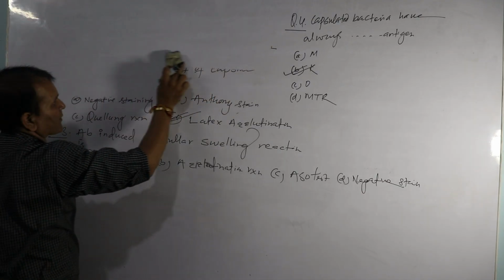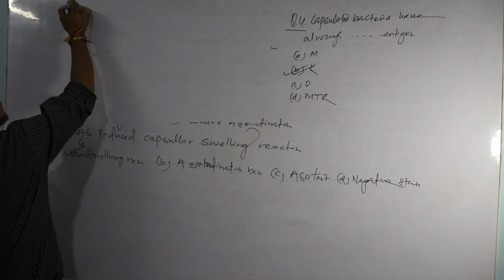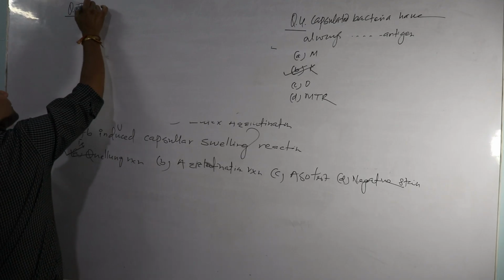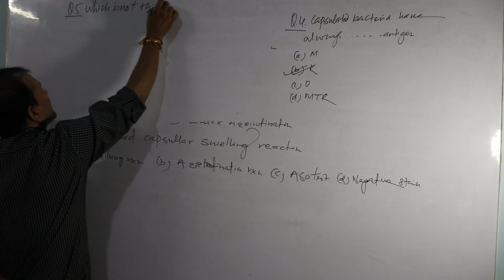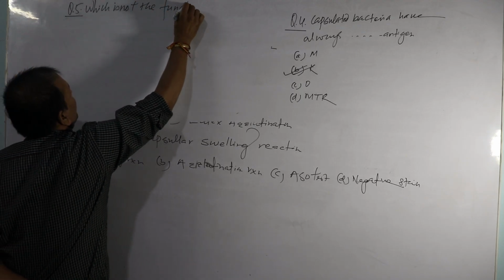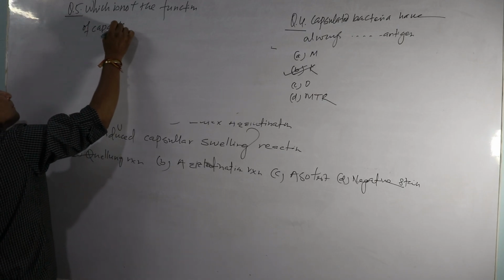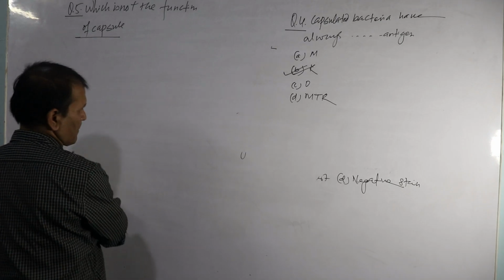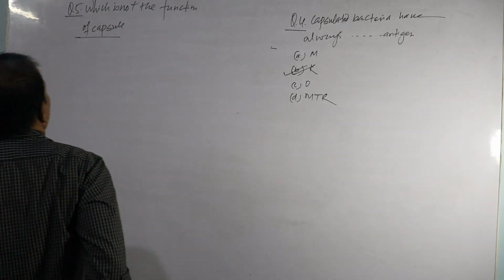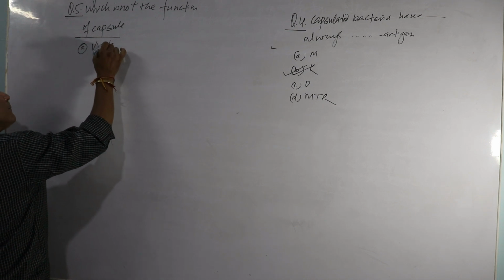So other questions. Question number 5. Which is not the function of capsule? Option A, virulence factor.